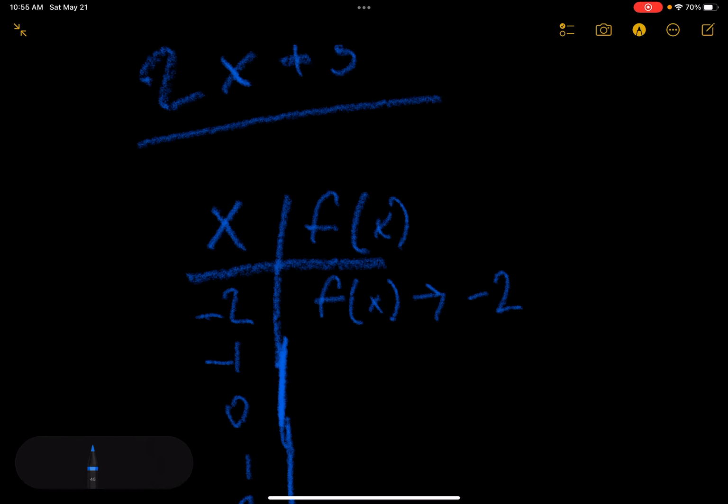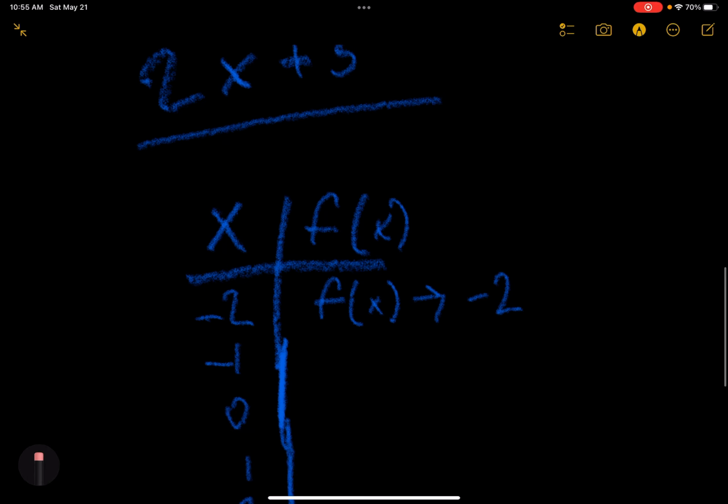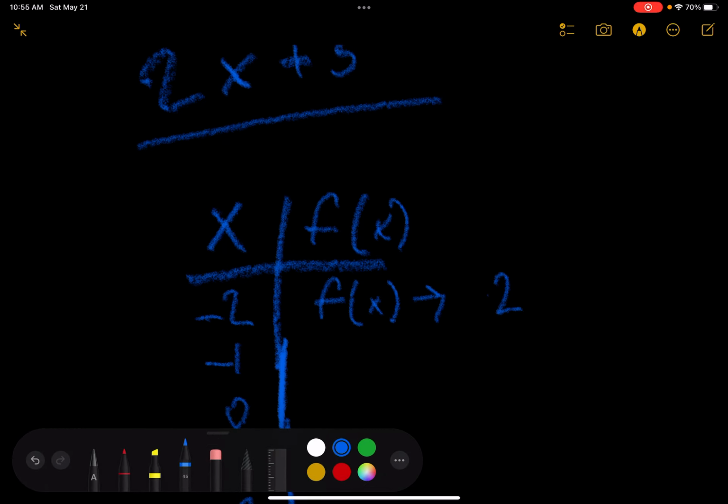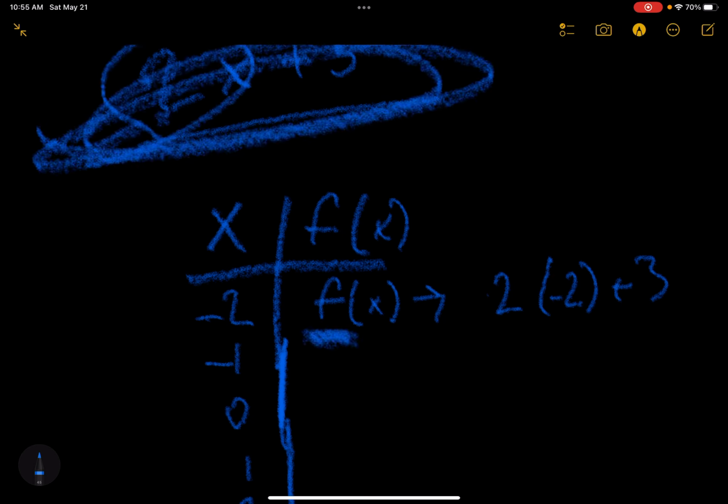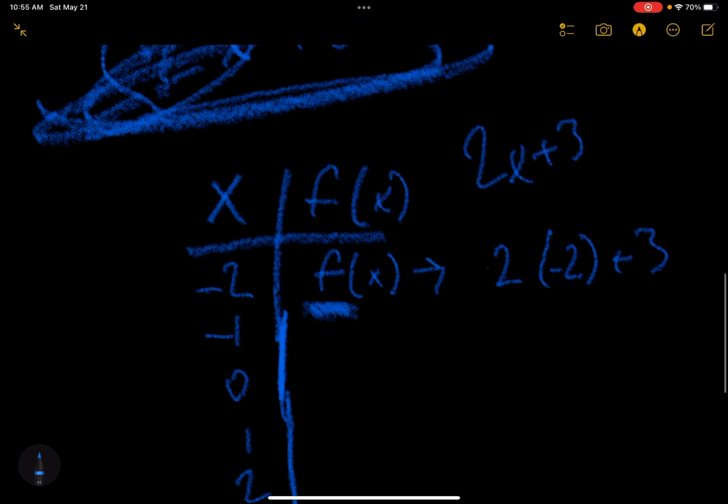Sorry, I did not mean to do that. Not -2. We would get 2 times -2, plus 3. The function is right here: 2x plus 3. So we just put the values in.